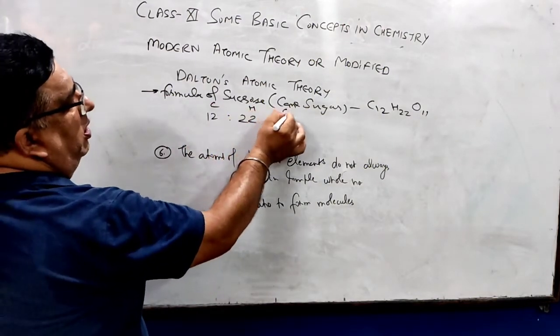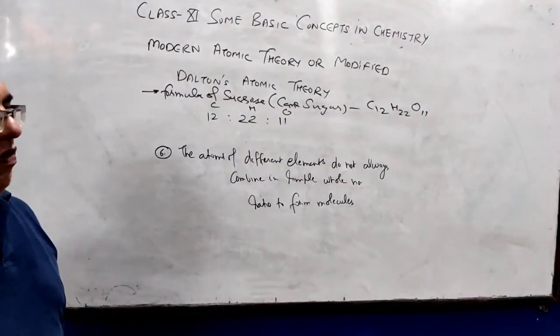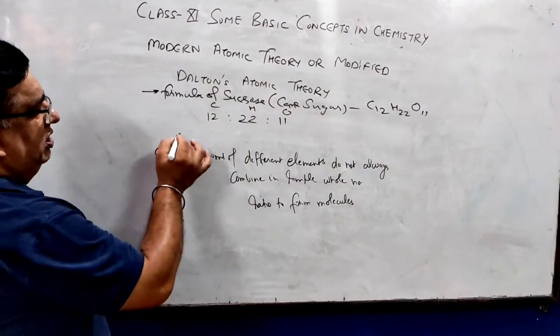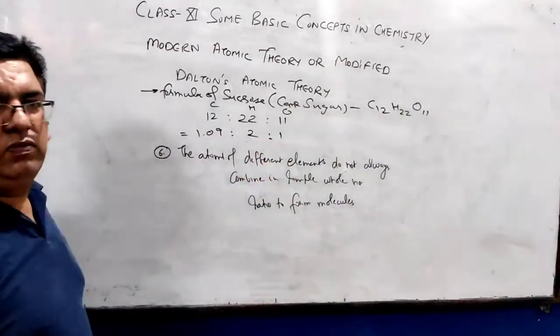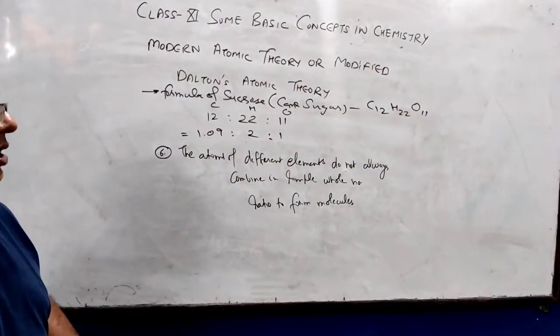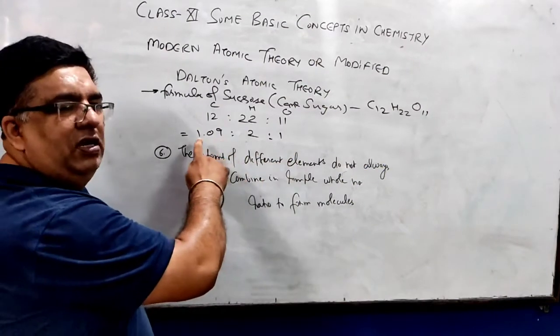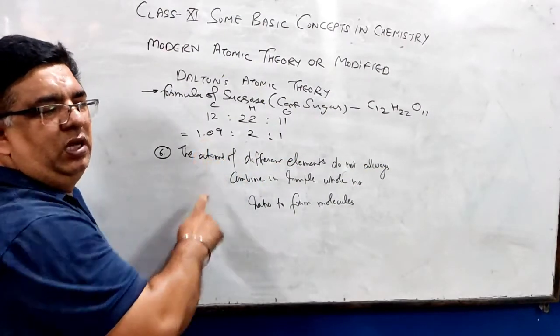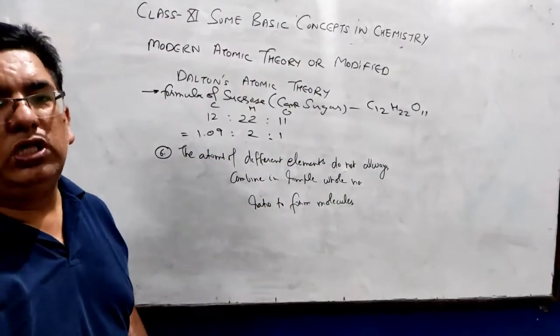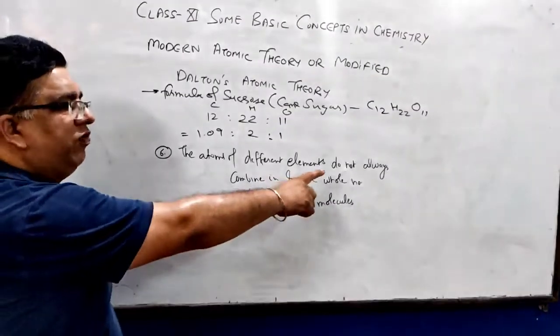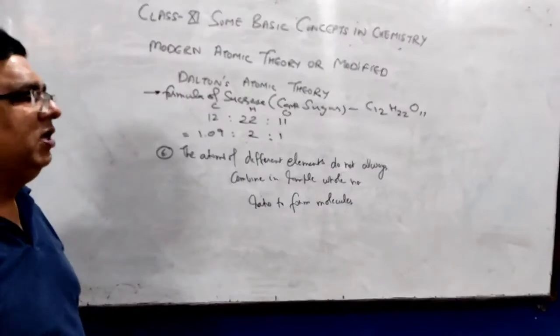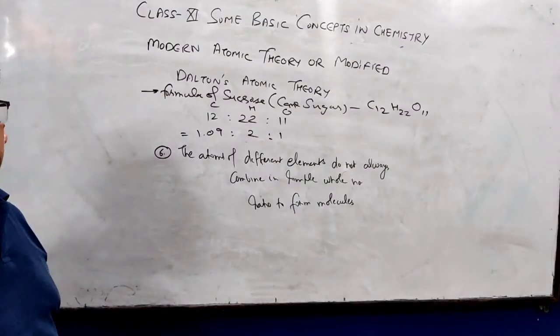Carbon, hydrogen, oxygen. When we simplify this ratio, then this is 1.09:2:1. And you can see that this ratio is having decimal. And in simple whole number ratio, there should not be any decimal, not any fraction. So that's why the atoms of different elements do not always combine in simple whole number ratio to form molecules.